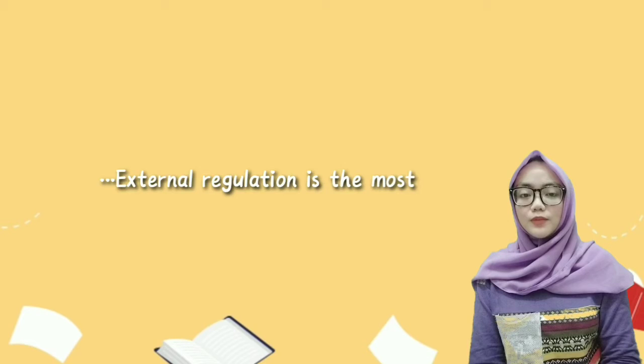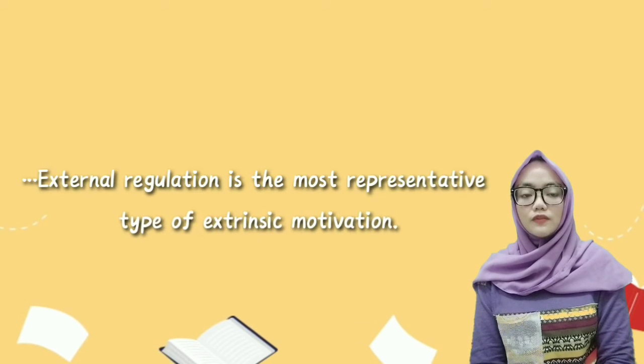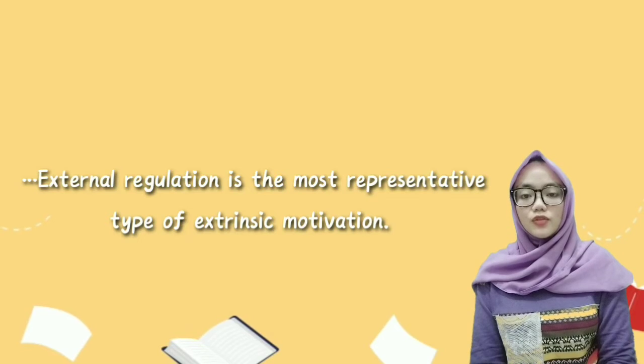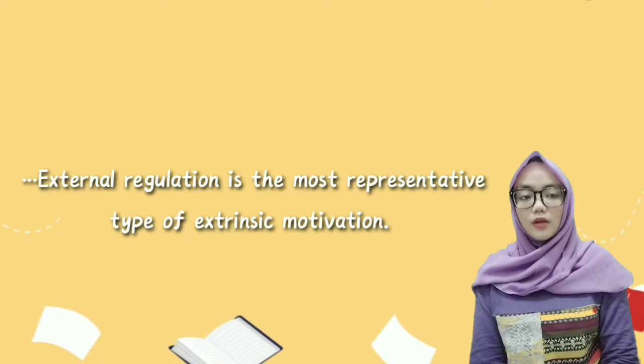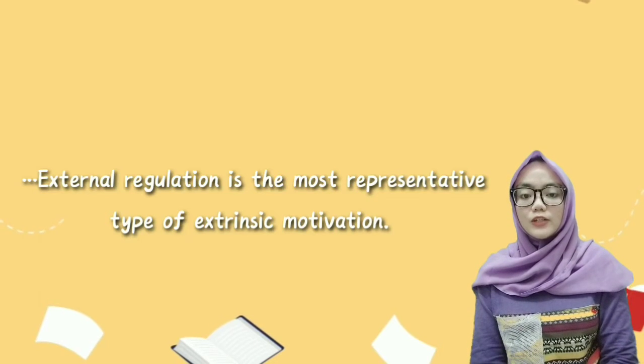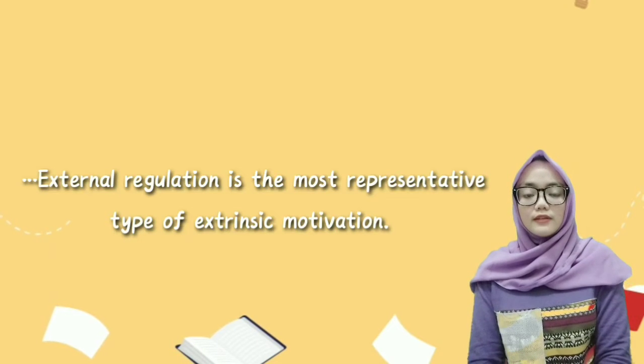External regulation is the most representative type of extrinsic motivation. It refers to involvement in an activity to gain a reward or to avoid punishment. Furthermore, behavior is the result of experiencing external or internal pressures.